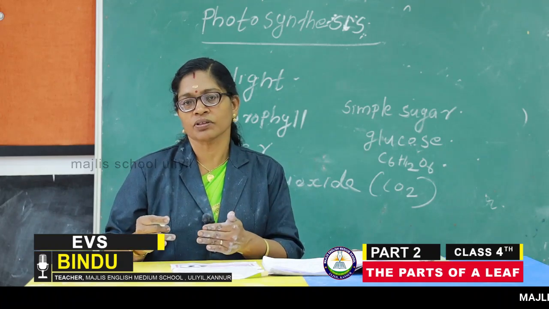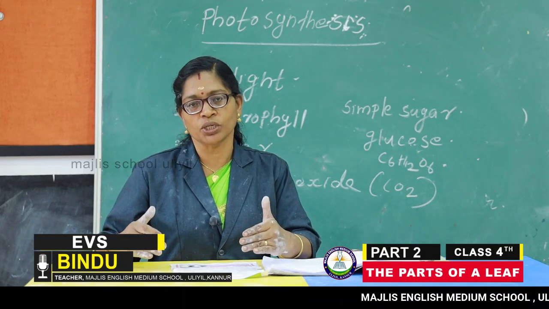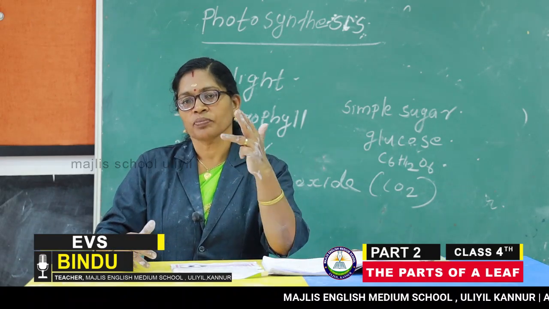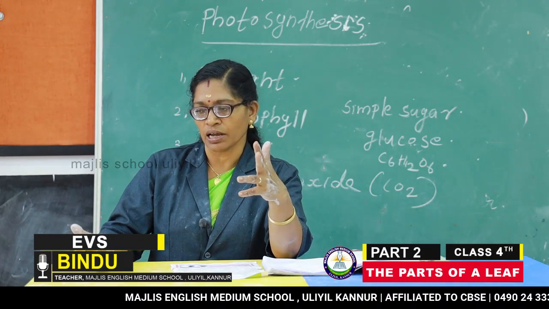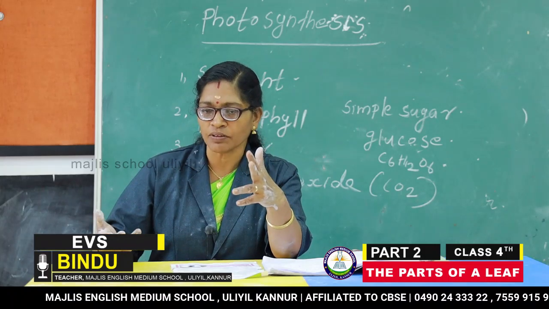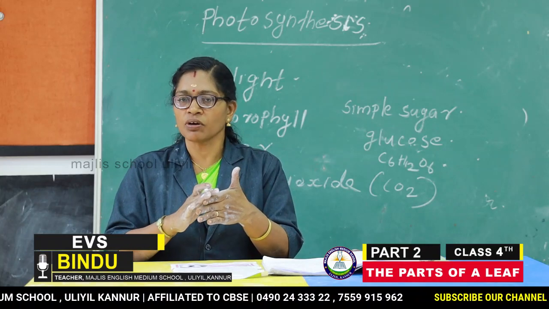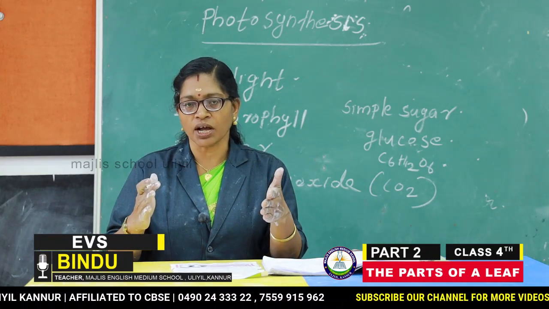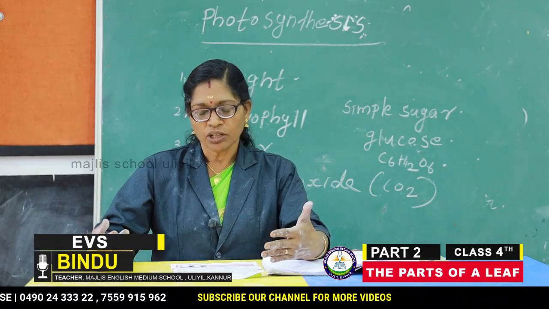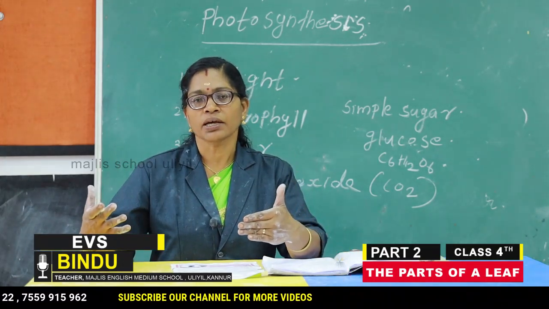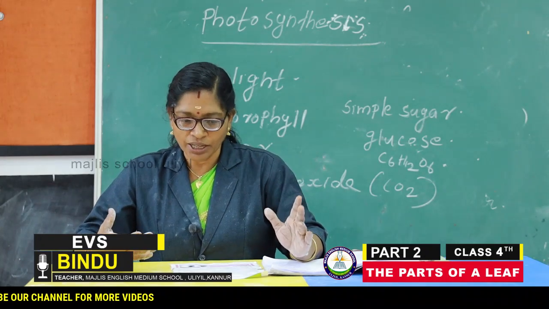This is how plants use their food: to store extra food in different parts of a plant, and they burn food to produce energy and for growth and to repair the damaged cells. Okay.